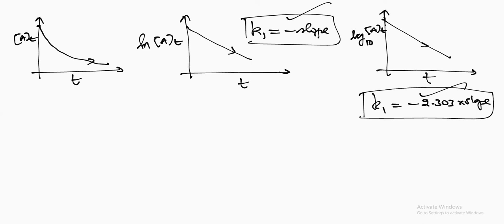So whenever a graph is given, you should see the graph carefully. See the y-axis, see the x-axis carefully, whether it is given A versus t, or ln A versus t, or log base 10 A versus t. Depending upon that, you have to calculate the rate constant carefully. Is this clear, students? Any doubt? If you find any doubt, please tell me. Hello?